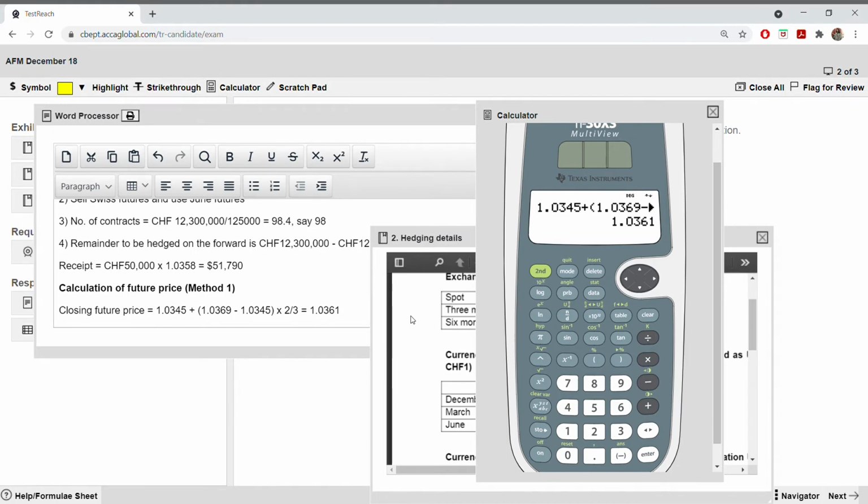Okay, let's do it without the bracket to show you the error. 1.0345.